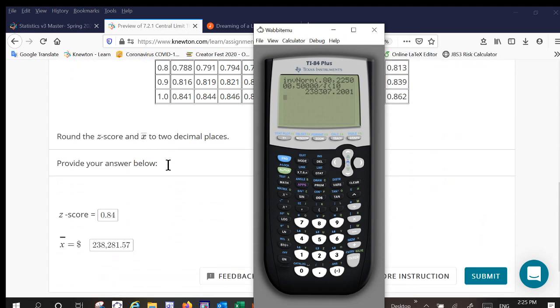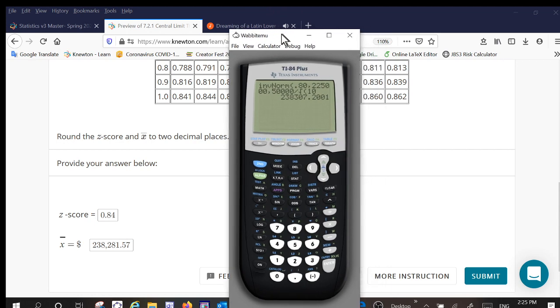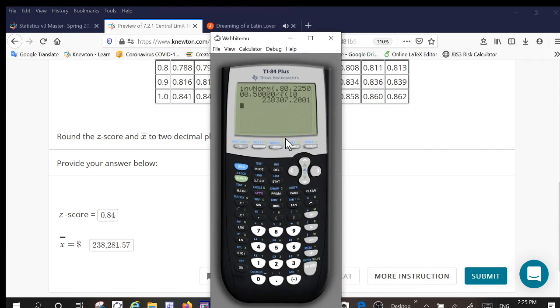So you see the z value that I have is 0.84, right? So if you take that number that we found and subtract 225,000 from it and divide by the standard deviation, which is 50,000 divided by square root of 10, then we get 0.8416, which is correct.